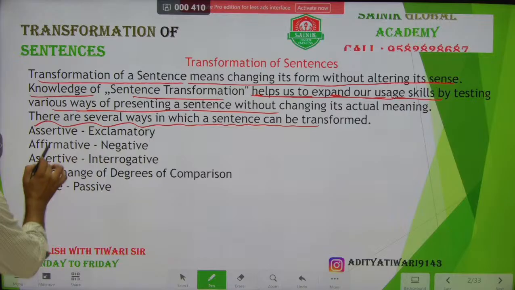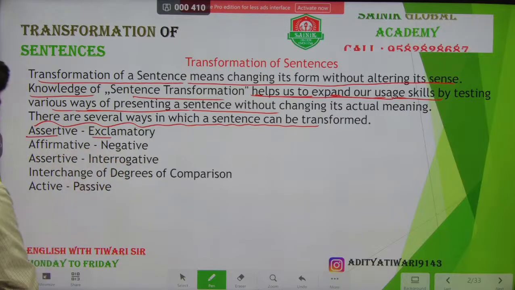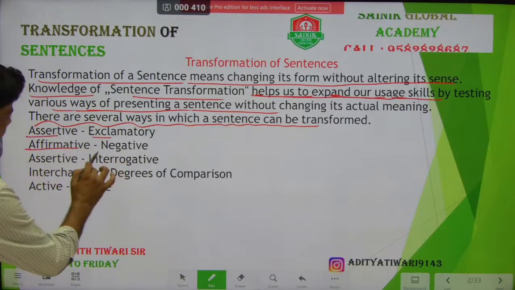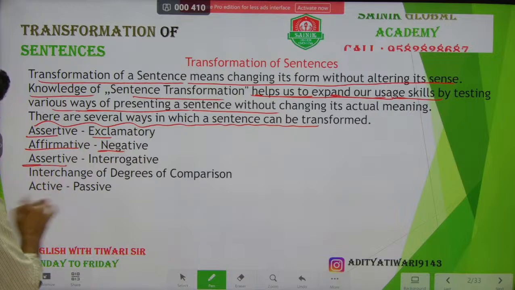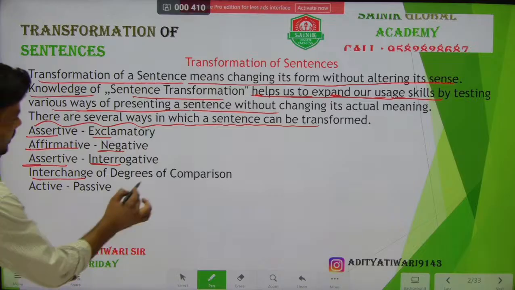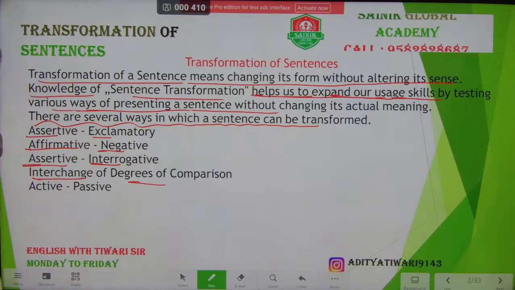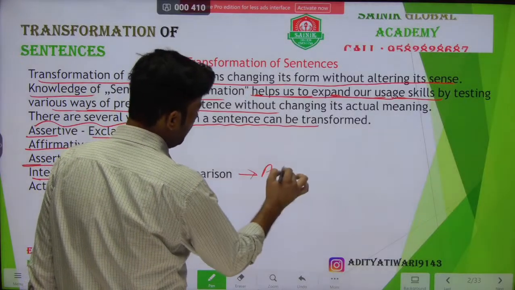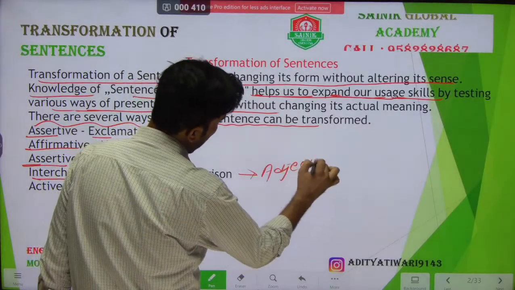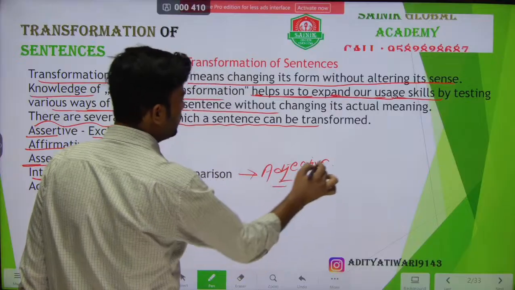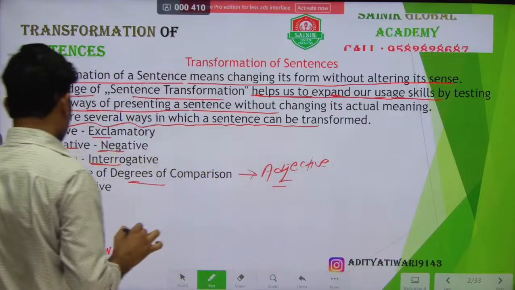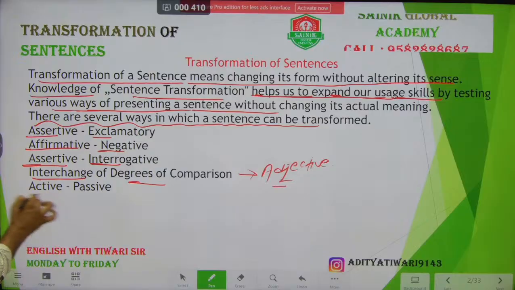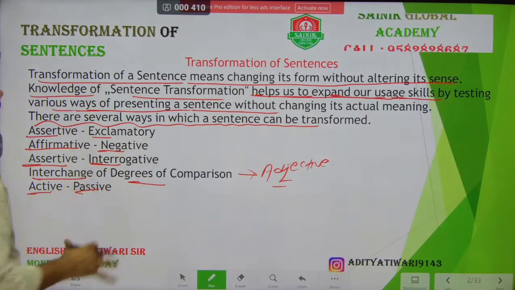We can change from assertive to exclamatory, from affirmative to negative, and from assertive to interrogative. We can also interchange degrees of comparison, which is a part of adjective, so we are going to study that too. Active and passive we can do, which also comes in this chapter.